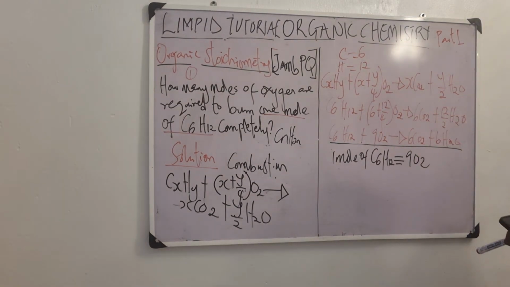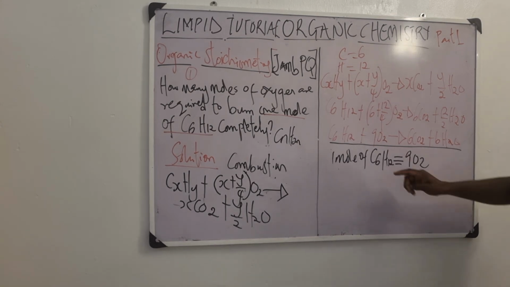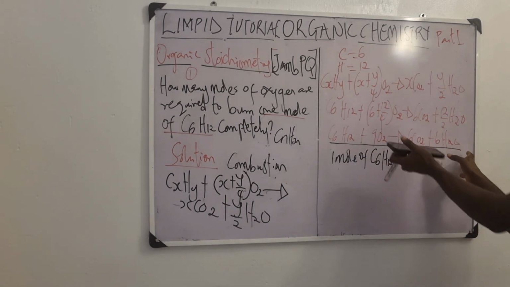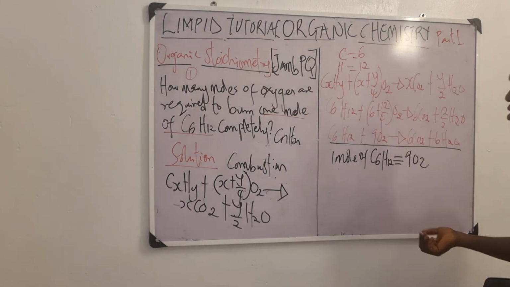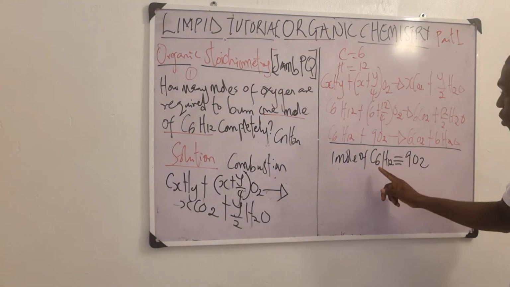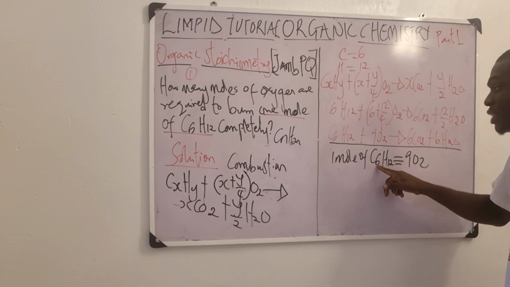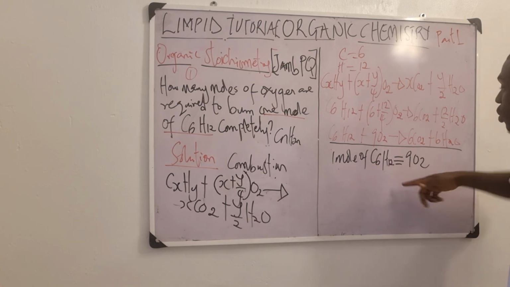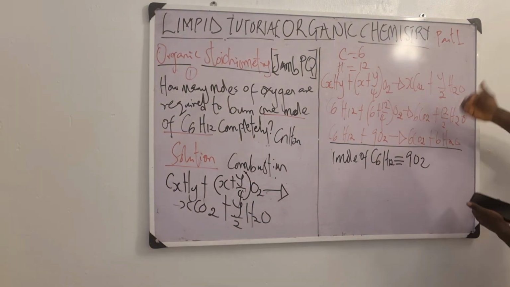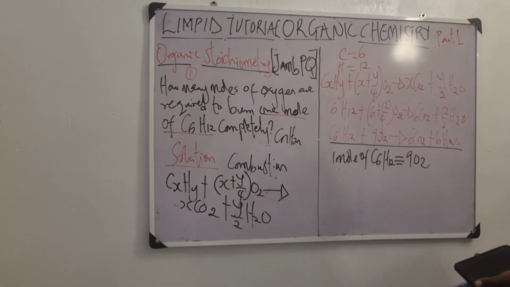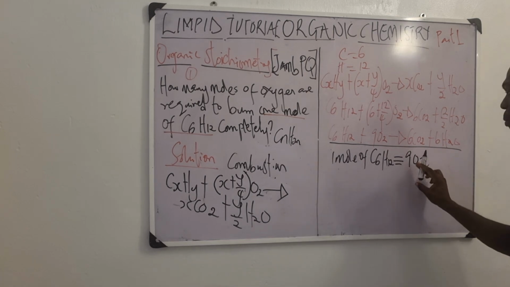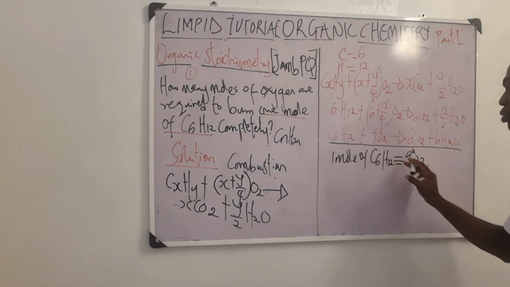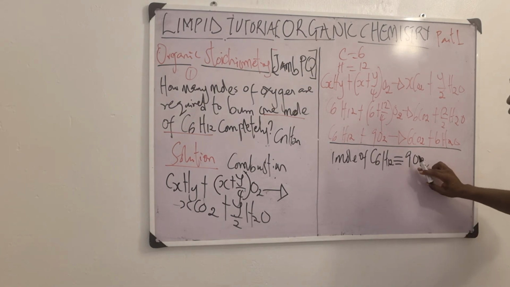So for us to solve this question effectively, from the complete combustion reaction, it now means that only 1 mole of hexene will yield 9 moles of oxygen here. It means that 1 mole of this represents 9 moles of oxygen.